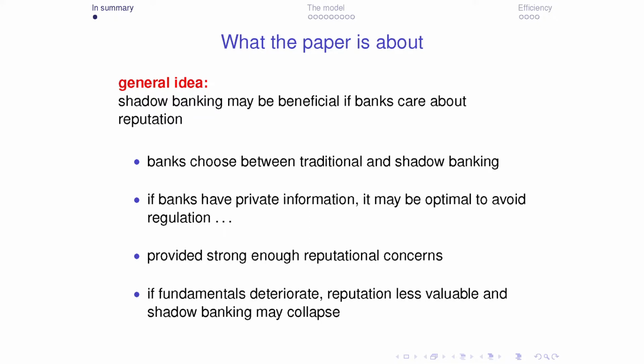The idea is that if banks have some superior information, using the shadow banking system may be good, because a traditional banking system typically imposes regulation, and so imposes some restriction on the risk that banks can take.